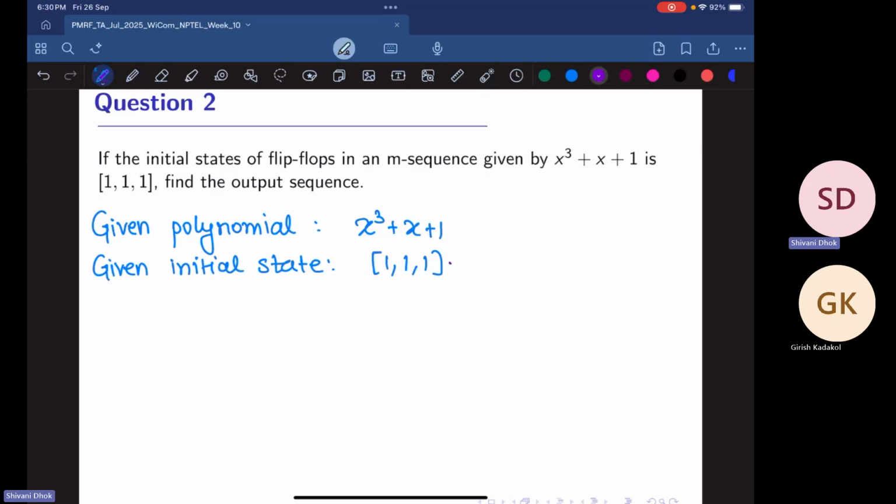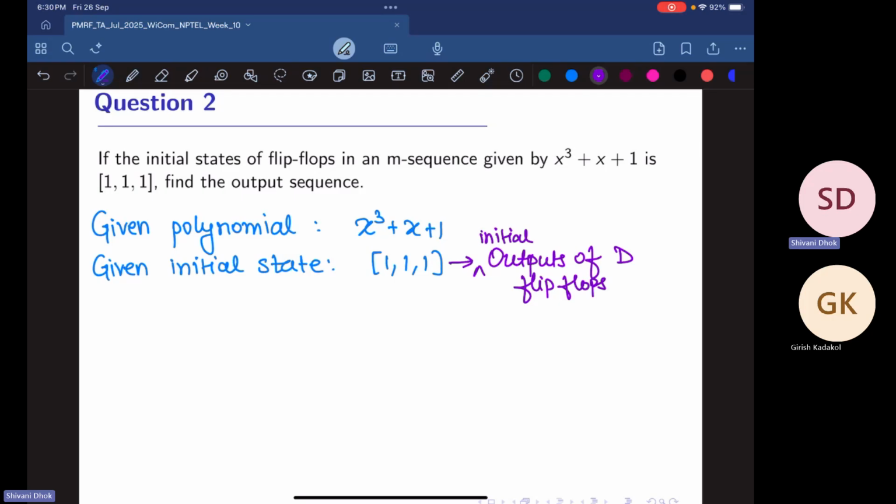So these are essentially the outputs of the flip-flops. Let me write it this way: these are initial outputs of the D flip-flop.